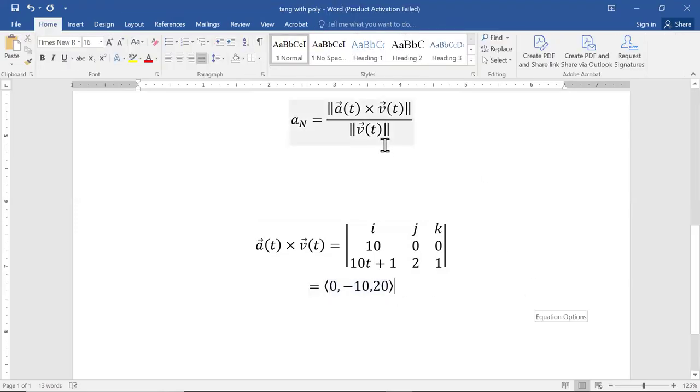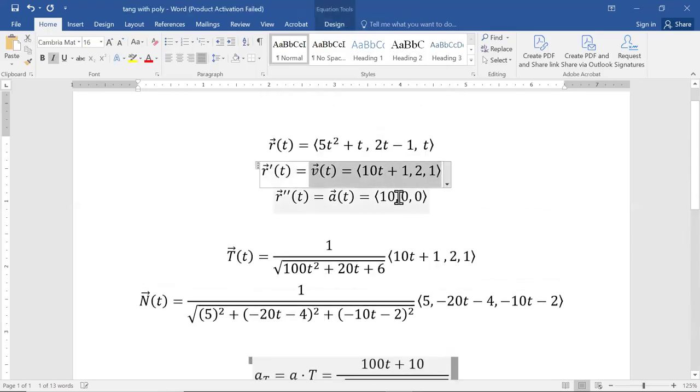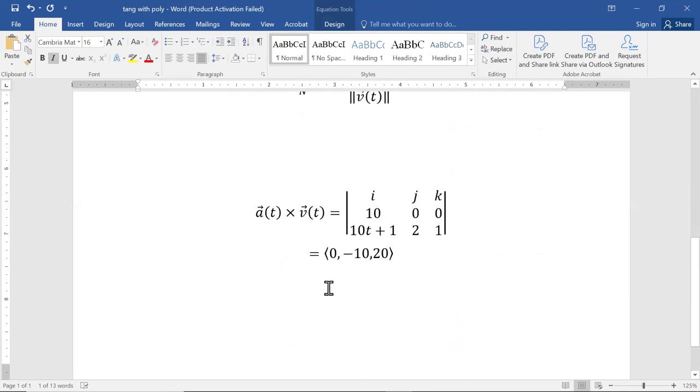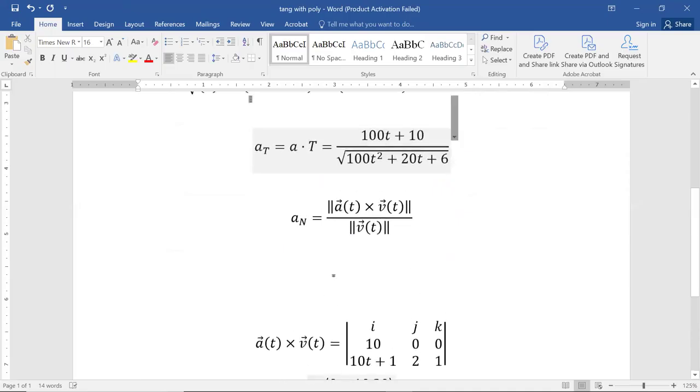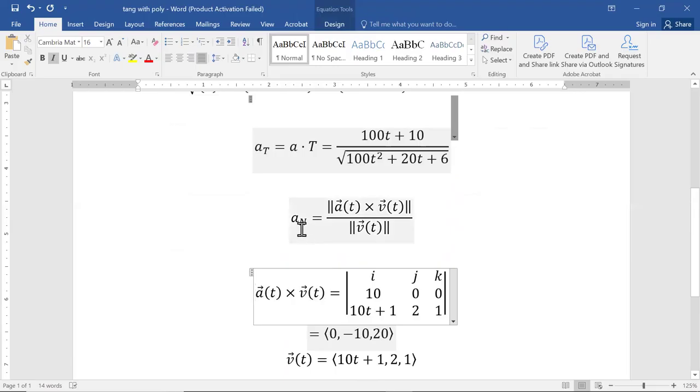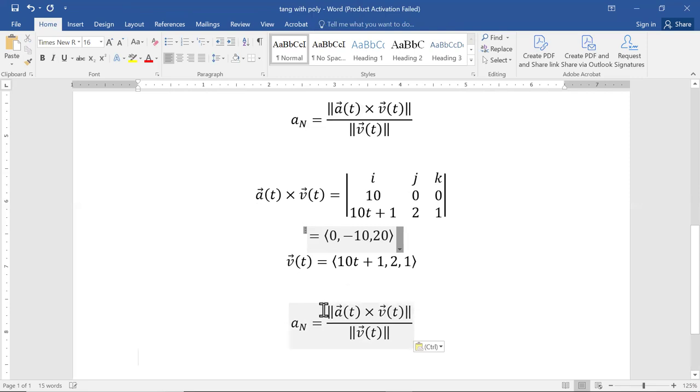How about the velocity vector? Well, I already knew that the velocity vector is this. So if I see the cross product and I see the velocity vector and I want to calculate a sub n, it is just the magnitude of that cross product divided by the magnitude of the velocity vector.